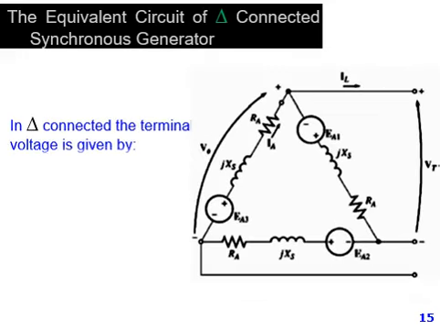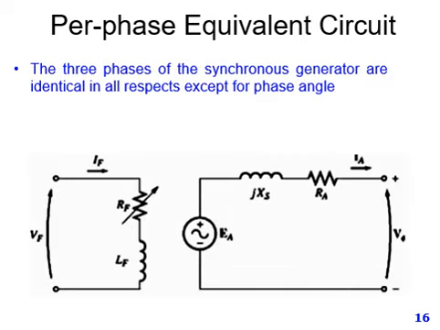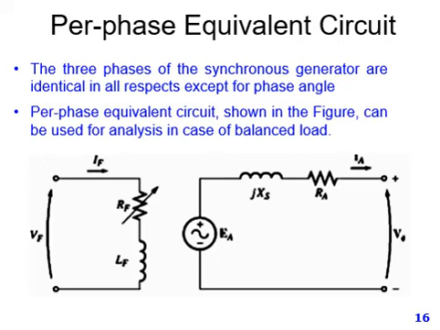Similarly, it can be connected in delta way to obtain the terminal and final voltages. This is the per phase equivalent circuit. We have already seen the complete circuit, but this is the per phase equivalent circuit.